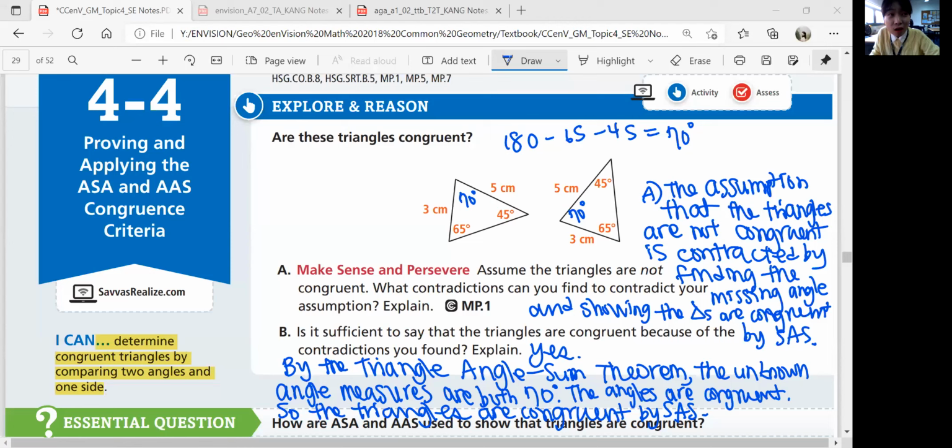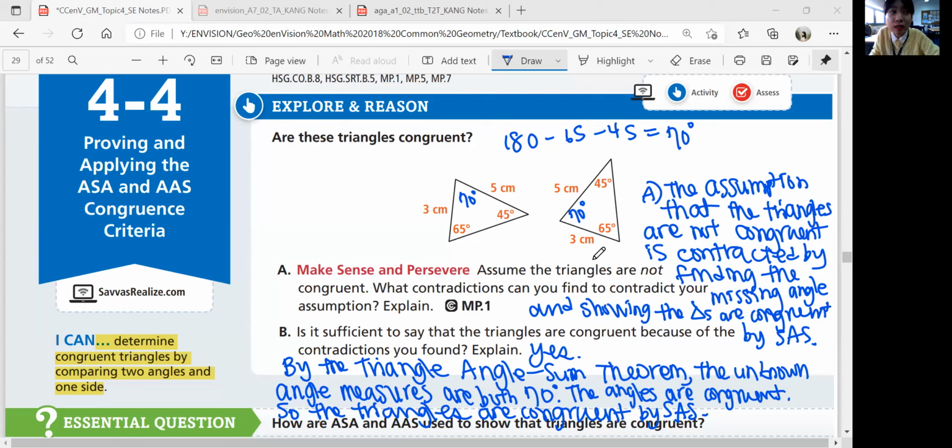And also, if you want to prove further, then by CPCTC, the unknown side lengths are also congruent. So you can use both SAS and SSS to prove that they must be congruent. This contradicts the assumption and shows the triangles are congruent.